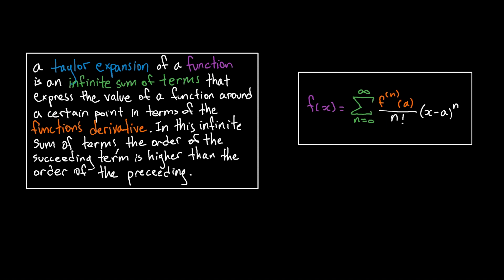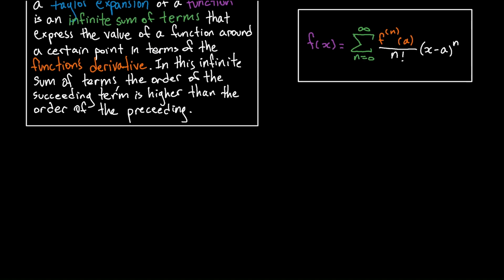That's a lot. To unpack that, let's first figure out what we need to express f of x as. We want to express f of x as a power series, or the sum of terms with gradually increasing powers.